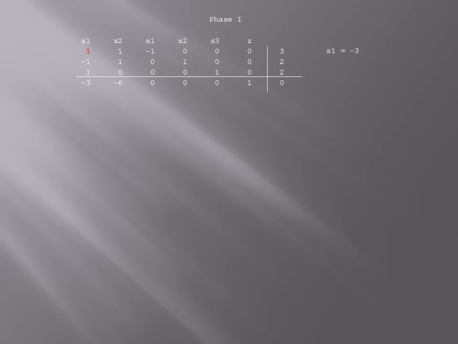So the number 1 in the first row, first column is now the pivot. Reading the solution from this matrix, we see that x1 is 3, x2 is 0, s1 is 0, s2 is 5, s3 is a negative 1.